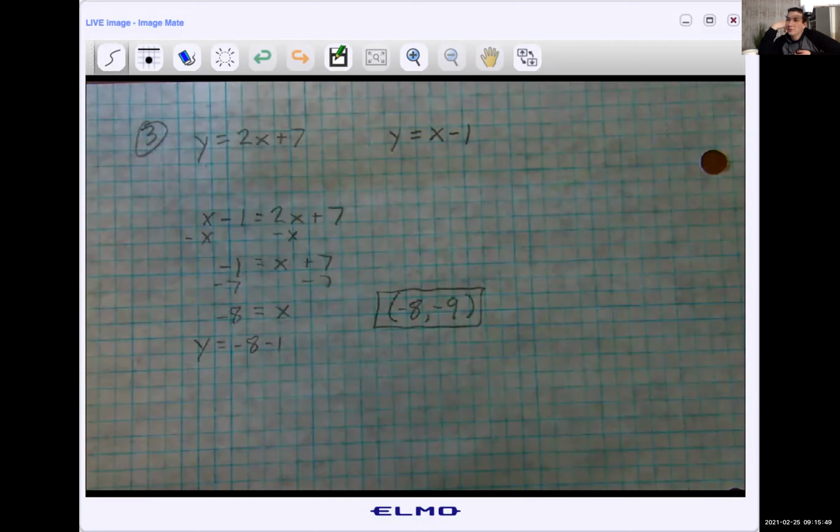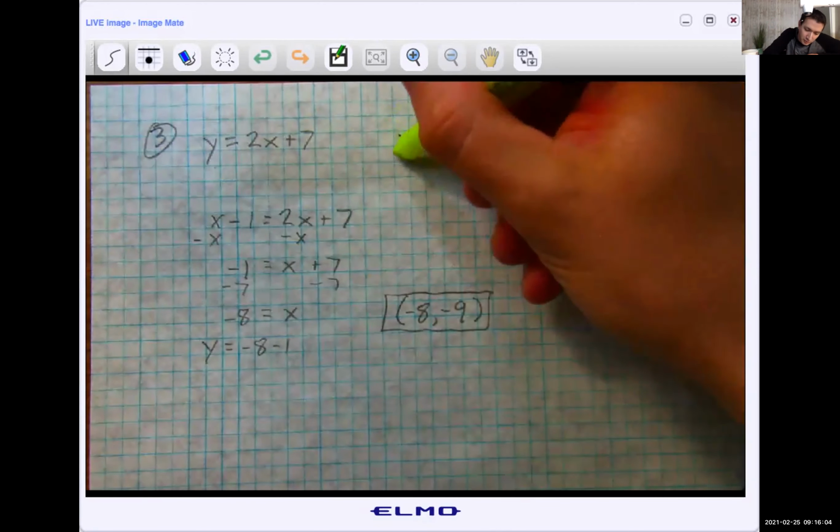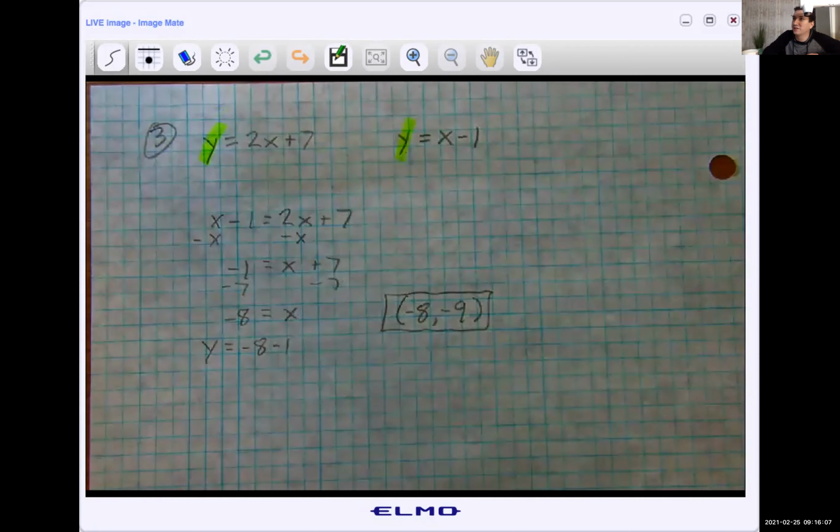I'm curious, where do you think the tricky part of this problem is? Like, where do you think people might make mistakes? It's like, here's what I know. I noticed these were both y's. That's why I set them equal to each other.